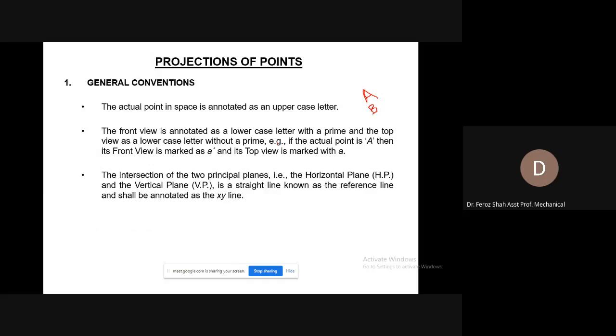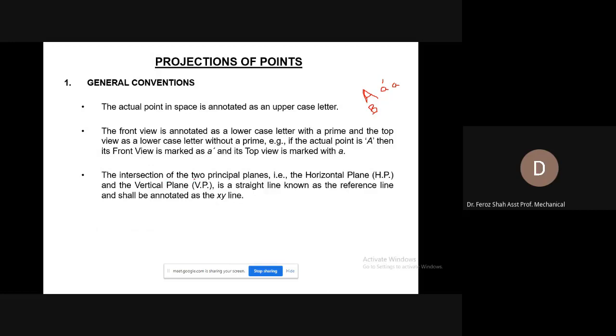We can also draw its side view as well, but for now, only consider two views, the front view and the top view. So, the front view of point A should be annotated with A prime, and its top view would be annotated as A. Similarly for B, B dash and B.